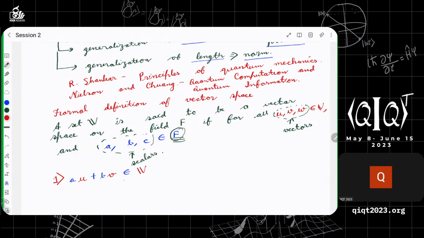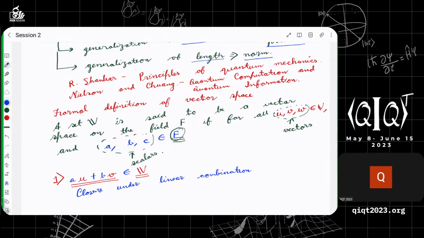If on taking the linear combination, that element is also a part of the same vector space, then this condition is called the closure condition, closure under linear combination. This is the first criterion for the set V to be a vector space. And there are several other criteria.